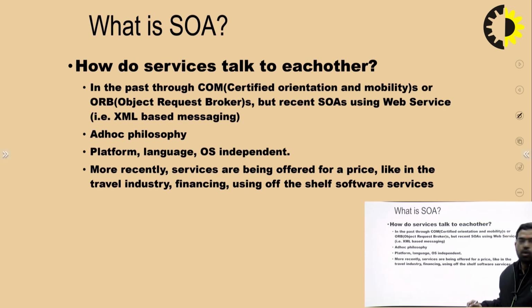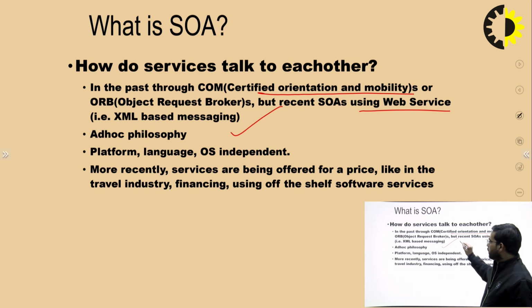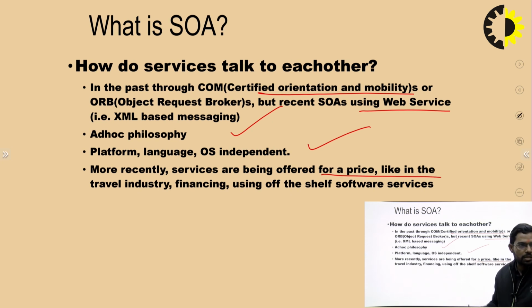In the past this was done through COM or ORB, object request brokers, but recent SOA uses web services, XML based messaging, which is platform, language and OS independent. More recently, services are being offered for a price, like in the travel and financing industries, using software services.